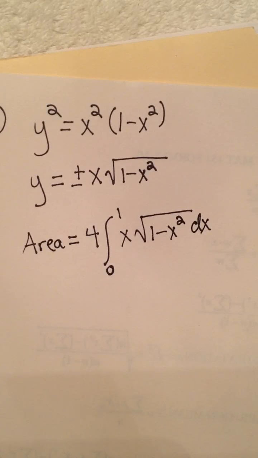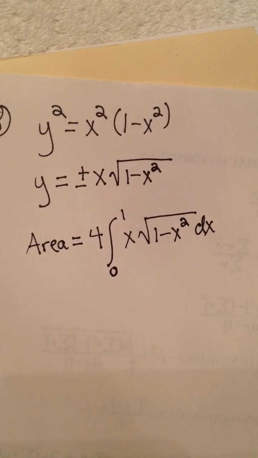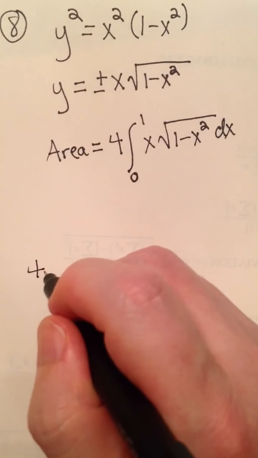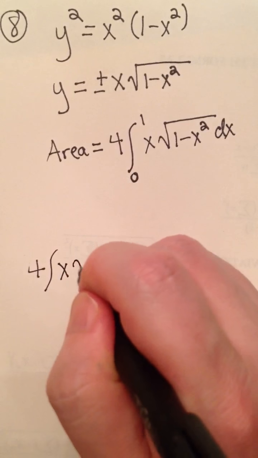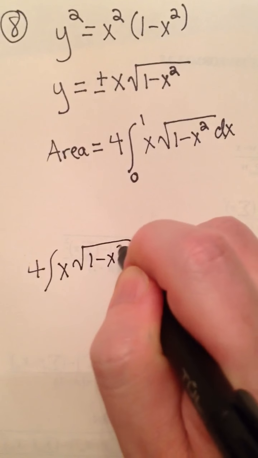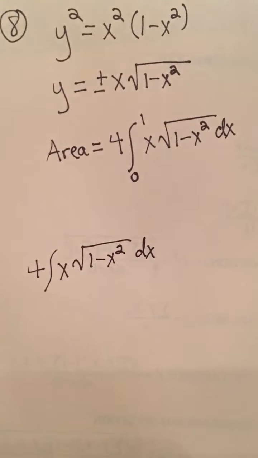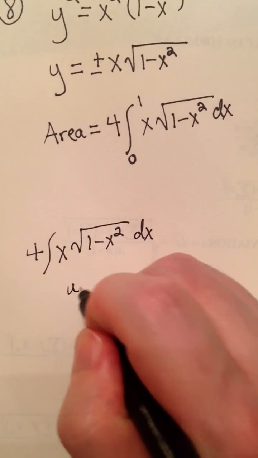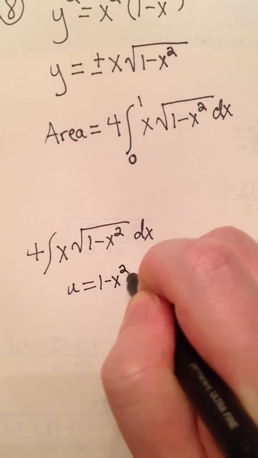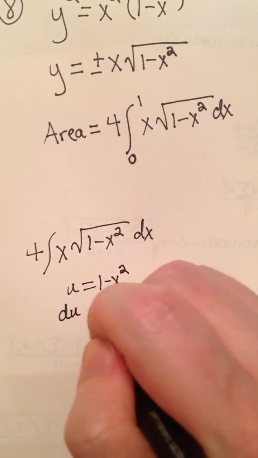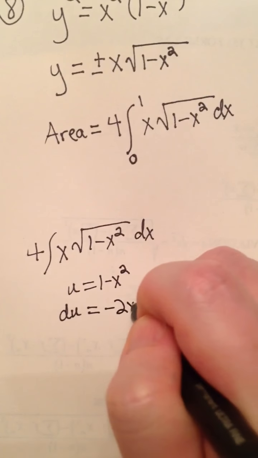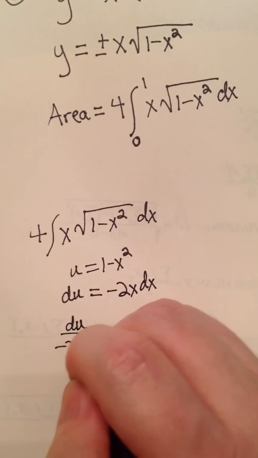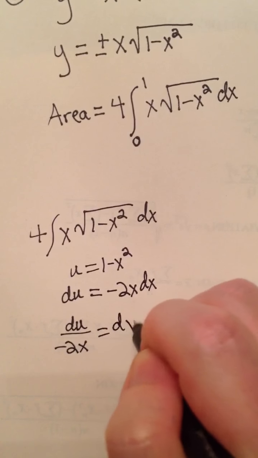For the general integration, you have 4 times the integral of x times the square root of 1 minus x squared dx. In this setup, we can apply substitution. Say u equals 1 minus x squared. Taking the differential of both sides, du is equal to -2x dx, and then du divided by -2x is equal to dx.